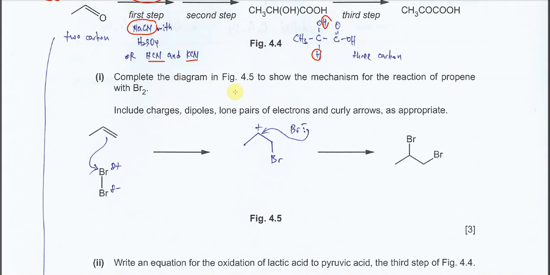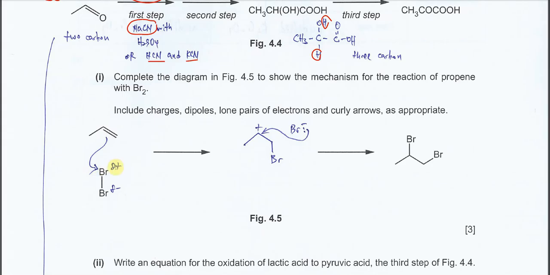Complete the diagram in figure 4.5. This one is a mechanism. This is the electrophilic addition of propene. First, you need to draw the dipole, partial positive on this bromine, partial negative on this bromine. Just draw an arrow from this double bond and point to this bromine with partial positive.